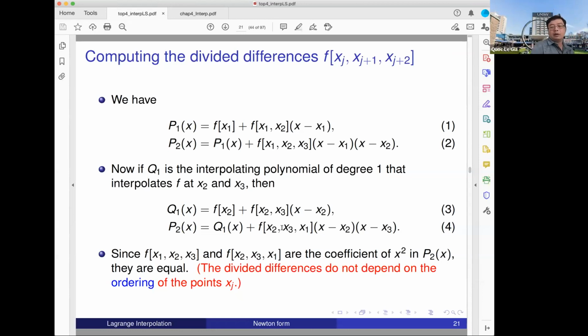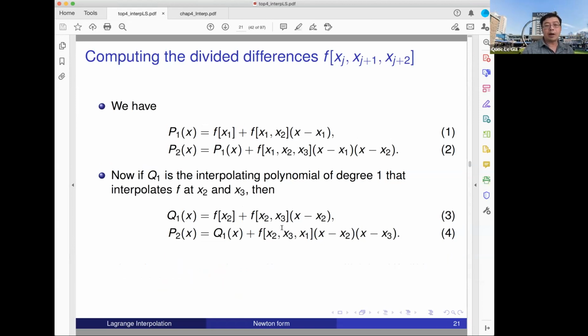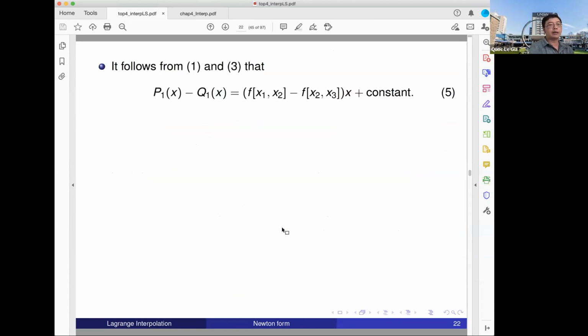Okay. And now I want to do some algebra. Now I take 1 minus 3. So I say that it just equals this plus some constant. So maybe we can go back to the piece of paper and do that. So now if I go back, I take 1 minus 3.